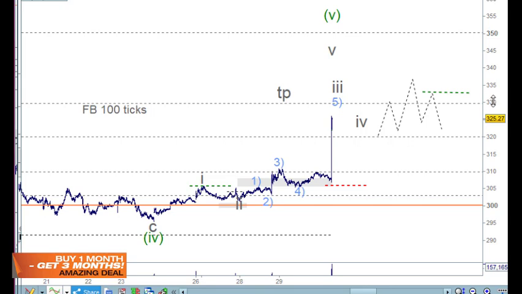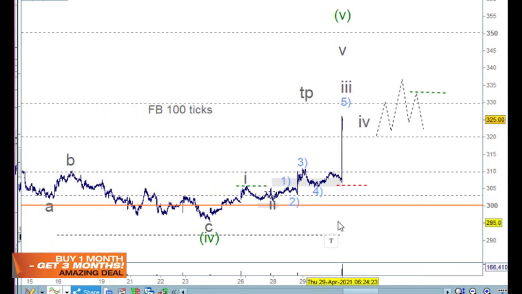But 333, 334, because this is minor group 1 here as 10, 20, and 30. Then we'll have the sub-levels in here, and then you can go into micro levels if you want. But 333, 334 would be probably about it. If this is a third wave here, then we're going to be going up higher in here to 50. But I think you'd probably be better off holding long going into Friday and Monday, of course.